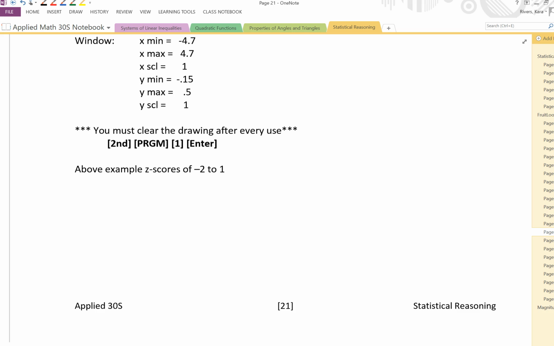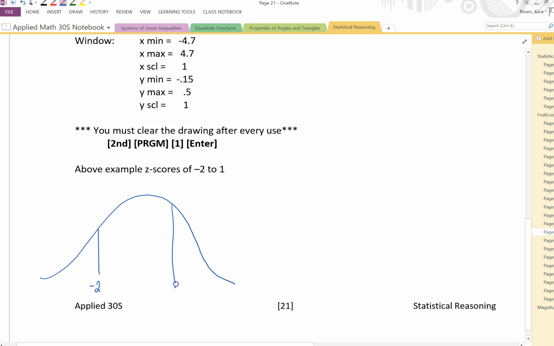Now, what did we do here? To find the area and the graph, we cleared the drawing, then we set the window, and then we put that in, and our picture looked exactly like what we had up there. This is what I would expect you to draw. -2 to 1. I usually put in the 0 too, just to give us a sense of where we are.